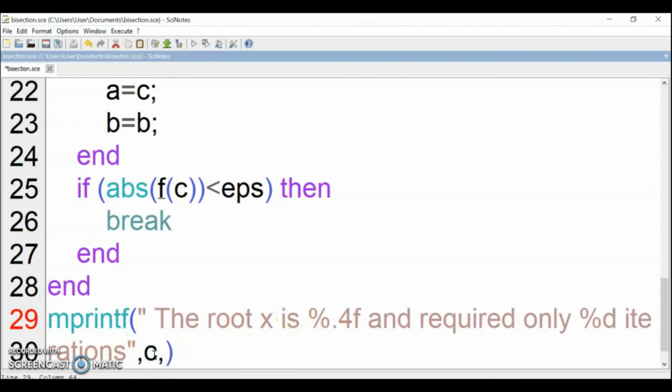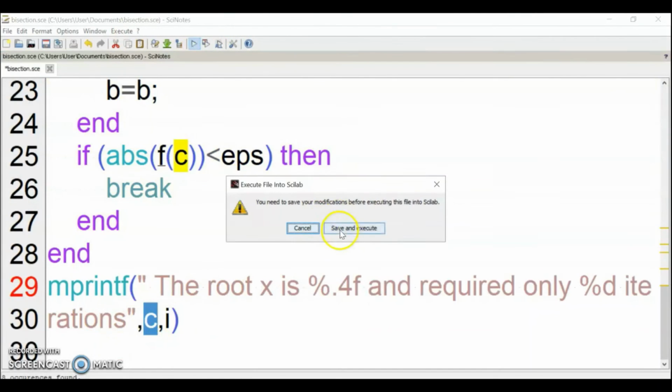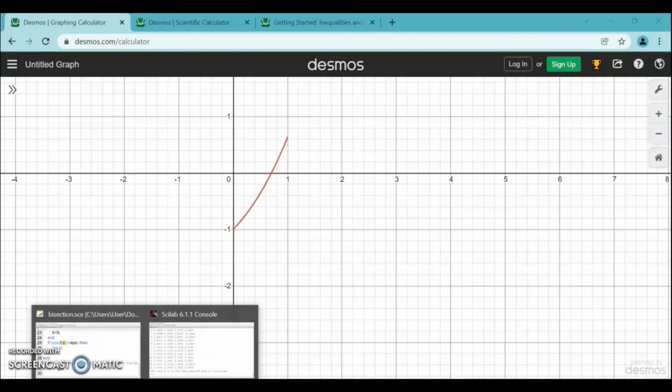That refers to my I at the end. So it says that the root x is this value for my C, with the end value of I as the iteration count. Let's do that and see how it comes up.